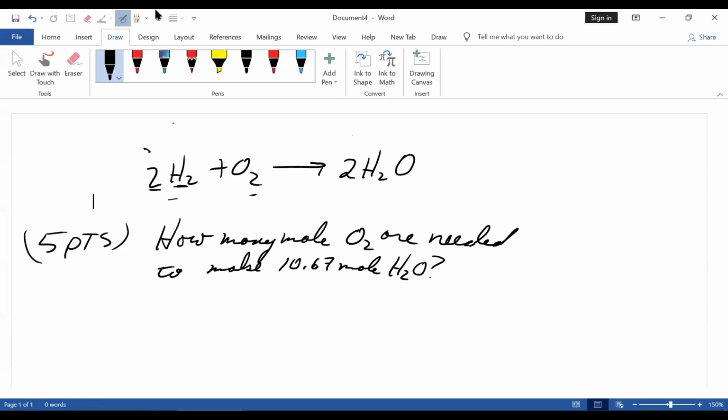All right, let's go through this. 5 points. How many moles of oxygen are needed to make 10.67 moles of water? Sometimes I'll also write how many moles of oxygen reacting with an excess of hydrogen. As soon as you see the word excess of something in a problem like this, that means you can ignore that molecule or atom.